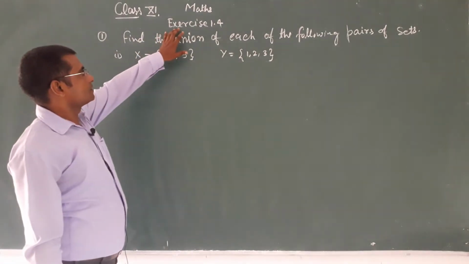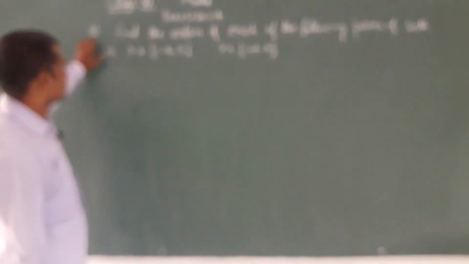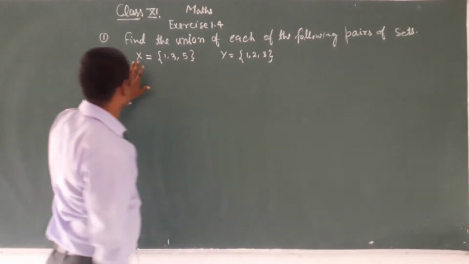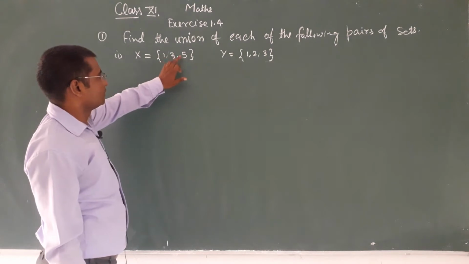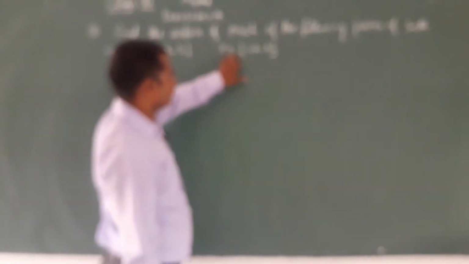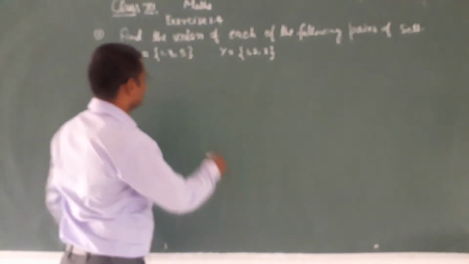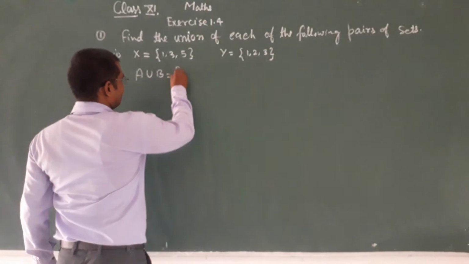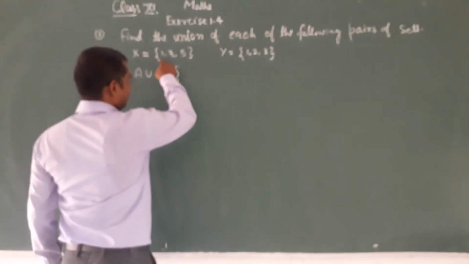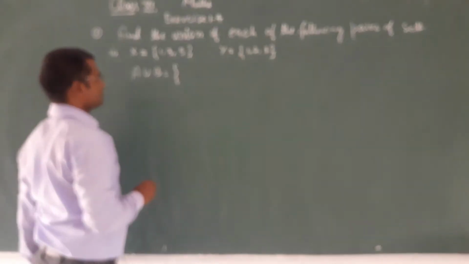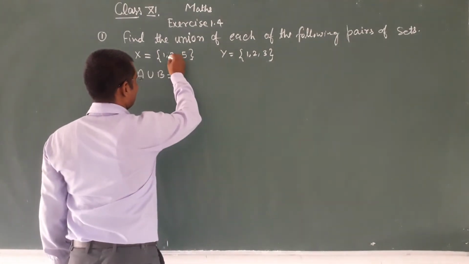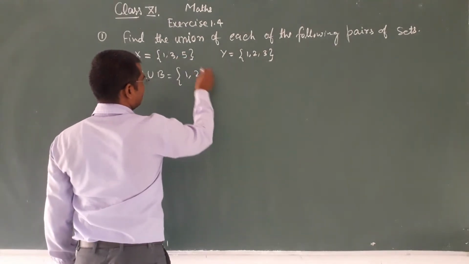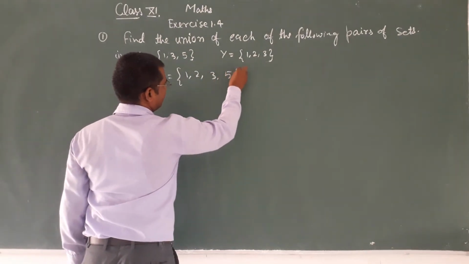In exercise 1.4, question number 1: find the union of each of the following pairs of sets. Elements of set X are 1, 3, 5, elements of set Y are 1, 2, 3. So A union B retains all elements of X and Y. So retain 1, 2, 3 and also 5.